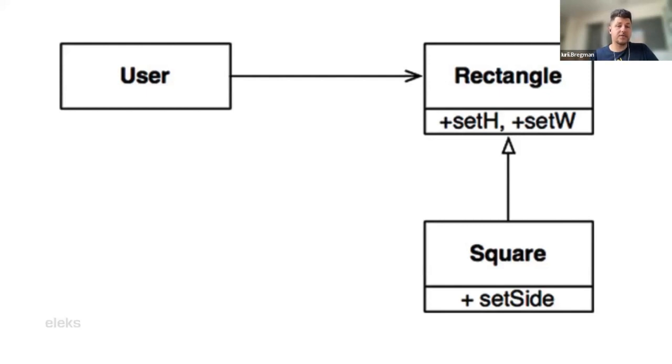So this principle specifically forces us to build our hierarchy of entities based not on the entity type, right, the shape, since a square is still a rectangle, but based on its interfaces.